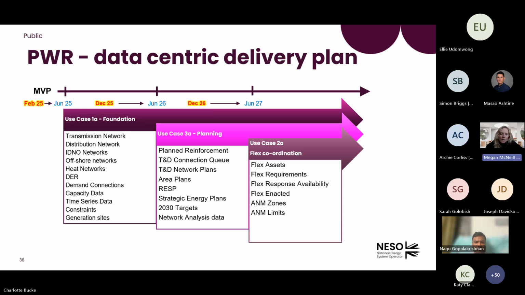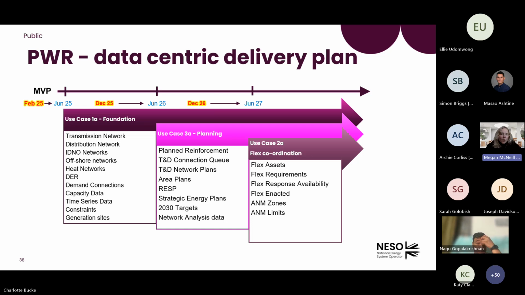And we are looking at also feeding into the requirements pieces for use case 3 and 2 on top of that demo. There is obviously a lot to do. We've prioritized use case 3, the planning element and how we can view the different plans, first. It's really important to NESO due to where we're at with the RESP teams and our strategic planning.